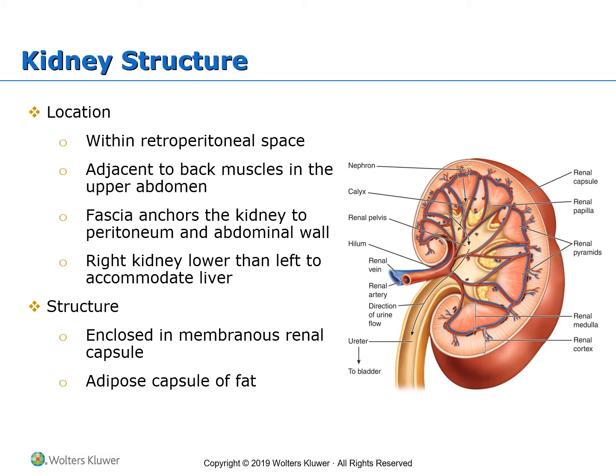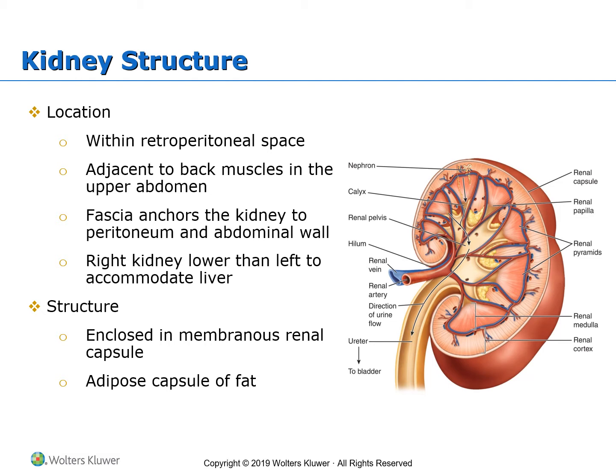Each kidney will have a membranous renal capsule that is made out of fibrous connective tissue. And in addition to that, there will be a protective layer of fat. It's called the adipose capsule that will surround the organ and will provide cushioning and will allow the organ to not be injured whenever there is any type of trauma in the area where the kidney is located.